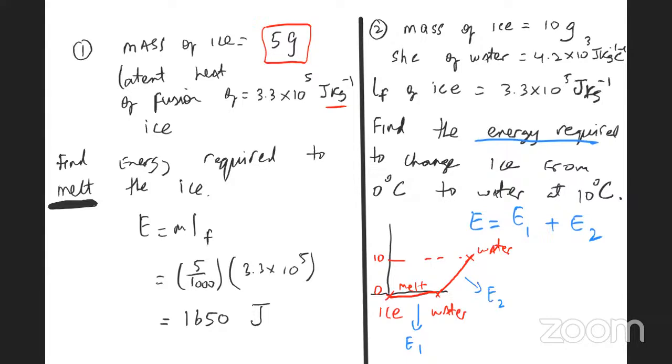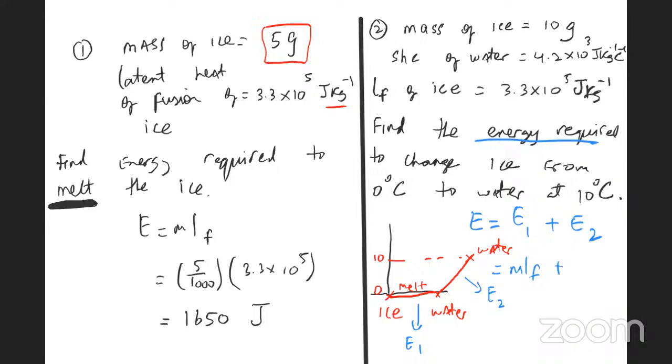What's the formula we're going to use for E1, Malachi? During the melting phase, what's the formula we're using? We only have 2 formulas that we could use here. Which one? Right, E is equal to ML. That's what I mean, the formula. What's the next one? I'm giving you a second chance.